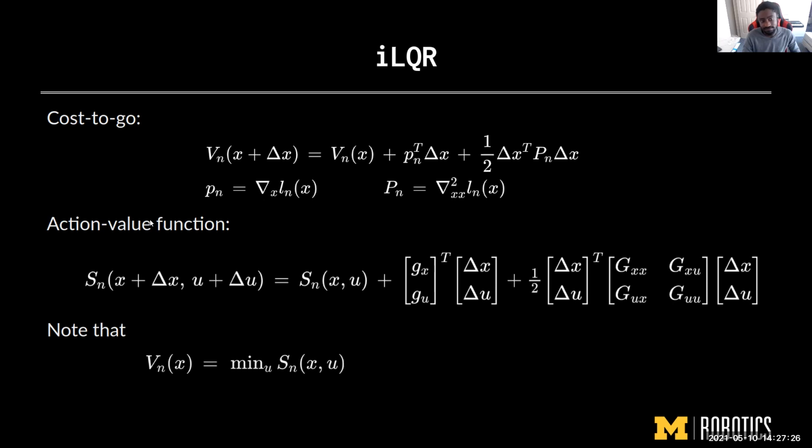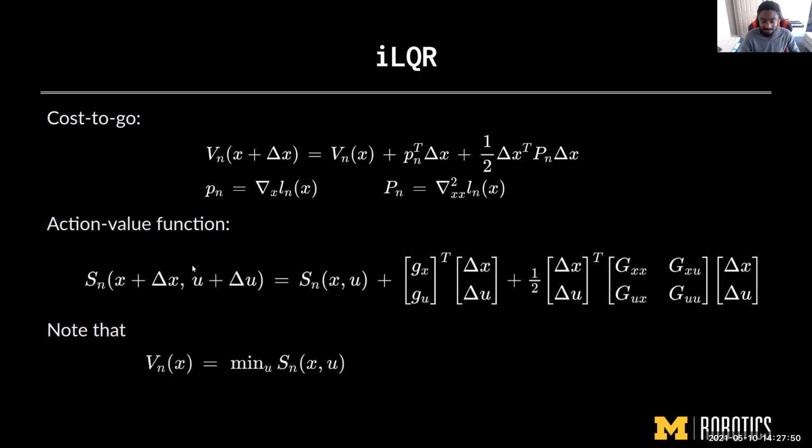There's also another function called the action value function, which states that if you have some state x and you take some action u, what's the resulting value you get from performing that action.